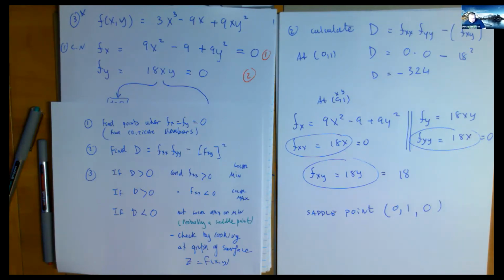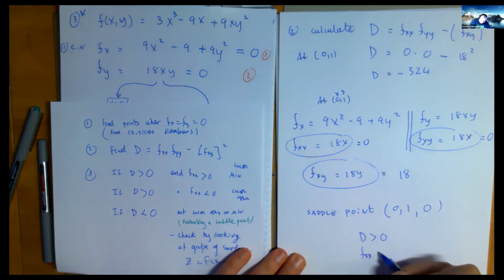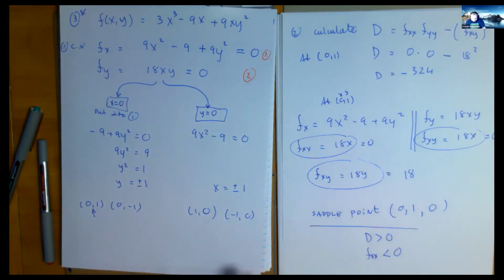Now, can you imagine a different point, where I got that D was positive and that the second partial derivative was negative? Imagine at one of these points, D was a positive number and the second derivative at x was negative. What would be the conclusion this time?